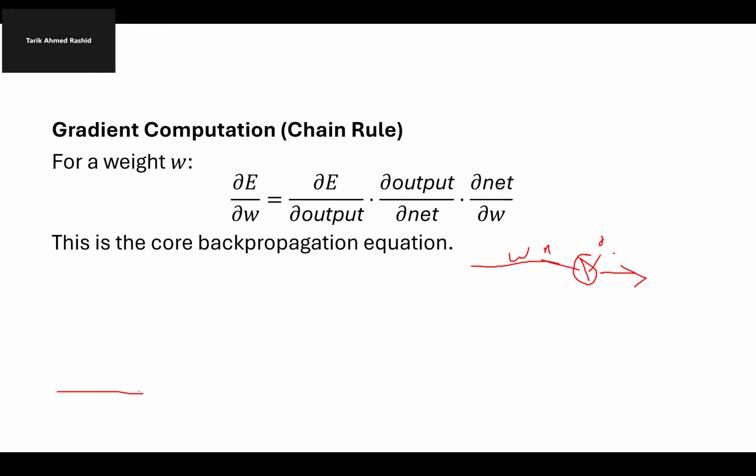We find each part separately and multiply them, and then we get the change of error with regards to the weight.